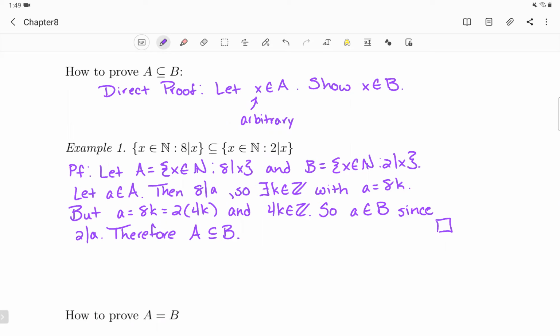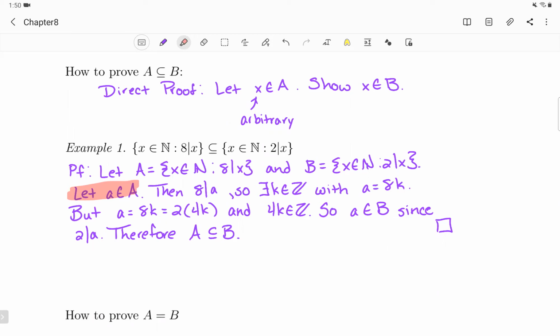Now, technically, when I make this statement, I'm technically ignoring one possible situation for capital A. The empty set. Think, well, crap, what if A is the empty set? Then I can't pull an element out of it. But what did we say about the empty set in terms of subsets?